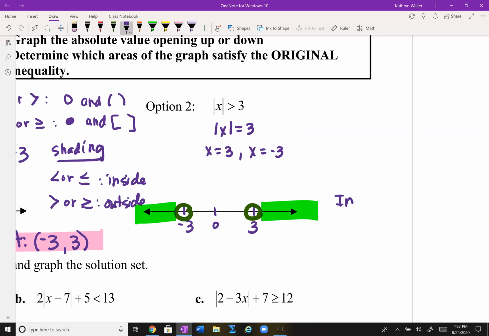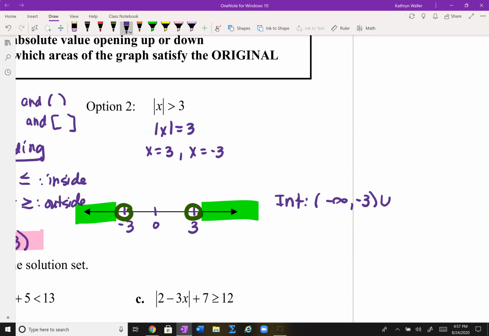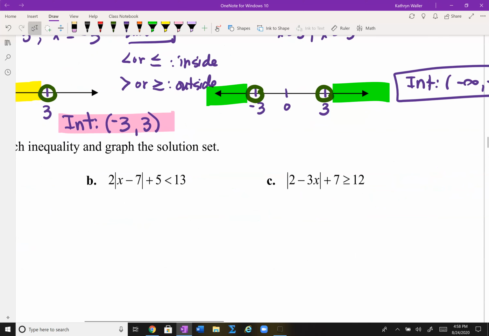So in interval form, it would be from the left side, -infinity to -3 with a parenthesis. Now we have another interval. So if you have another interval, you have to put a U like that. Then you pick it back up at a 3, and it's a parenthesis, and it goes to infinity, and that's your interval form, okay? So let's do a couple more.